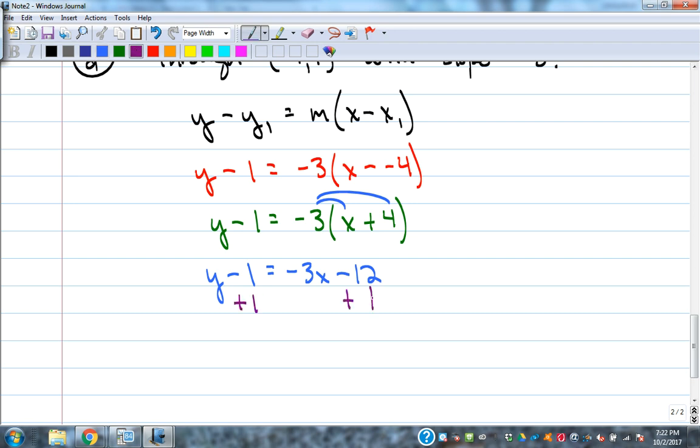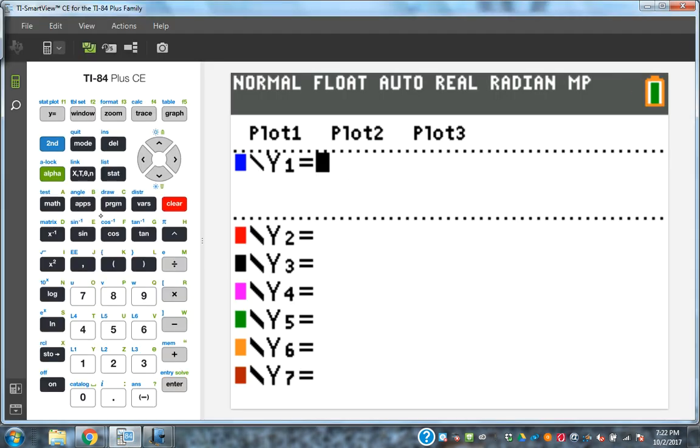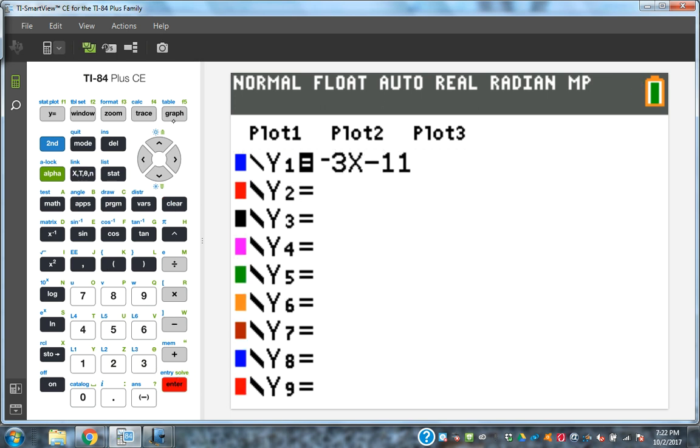Plus 1 to the like term. So y equals negative 3x minus 11. Now, I'm going to show you on the graphing calculator that actually works. So I'm going to type in negative 3x minus 11. And I'm going to graph that.